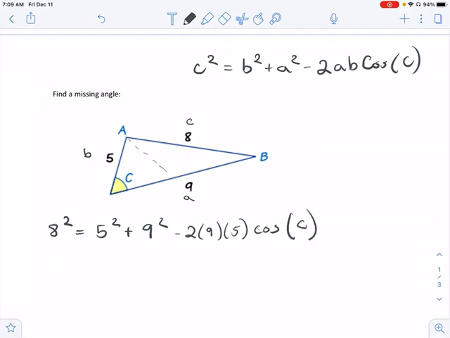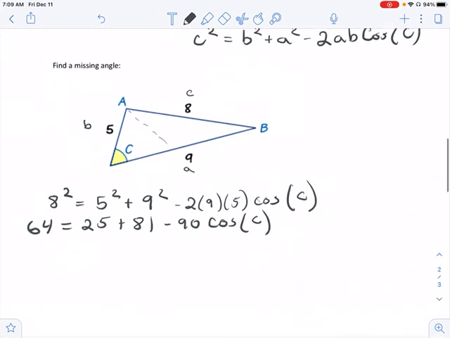So I just need to solve a larger equation. I'm going to evaluate these. 8 squared is 64. This is 25 plus 81. This is going to be minus 90 cosine C.